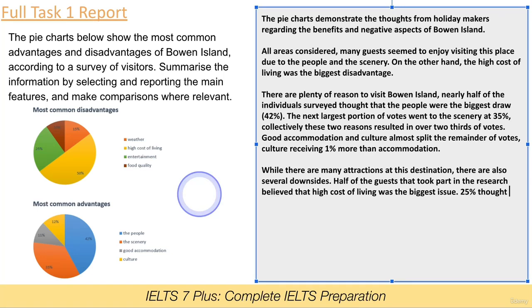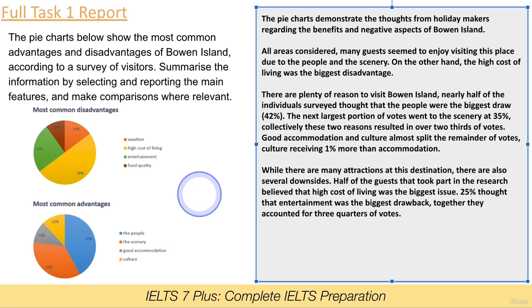25% thought that entertainment was the biggest. Have we used downside? Yes. Have we used drawback? Oh, potentially not. Was the biggest drawback. Together, they accounted for 3/4 of votes. Okay. Right, then we have, what do we have next?